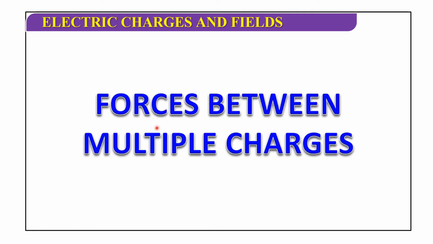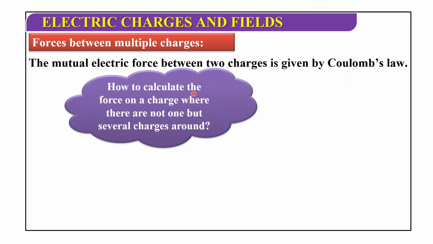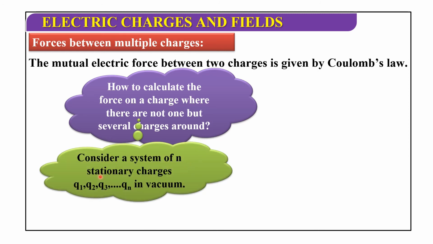Now discuss forces between multiple charges. The mutual electric force between two charges is given by Coulomb's law. So, how to calculate the force on a charge where there are not one but several charges around? Now, consider a system of stationary charges.